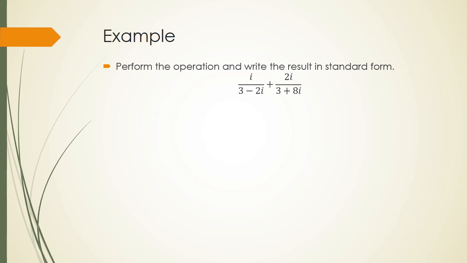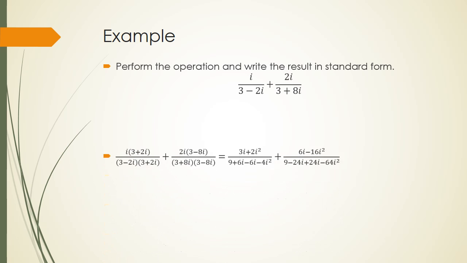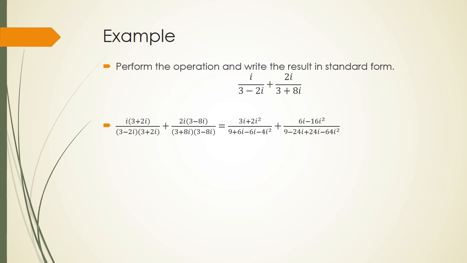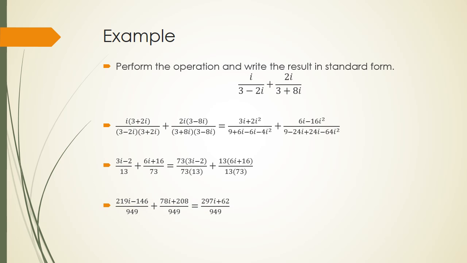Let's try another example. Pause the recording, give it a try, and resume the recording to check your answer. Okay, we went ahead and multiplied both fractions by the conjugate for each, and we ended up with two different denominators this time, 13 and 73. The common denominator is just going to be 13 times 73, so you see where we did that here. 13 times 73 is 949.